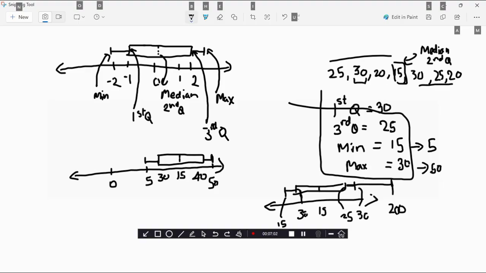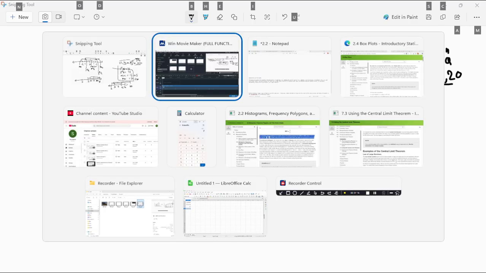Your whisker would look something like this on the right-hand side. So 200 is far away from the rest of the box, which shows you how far away your outlier, your abnormality, is from the rest of your values. That would be one application of a box whisker plot.